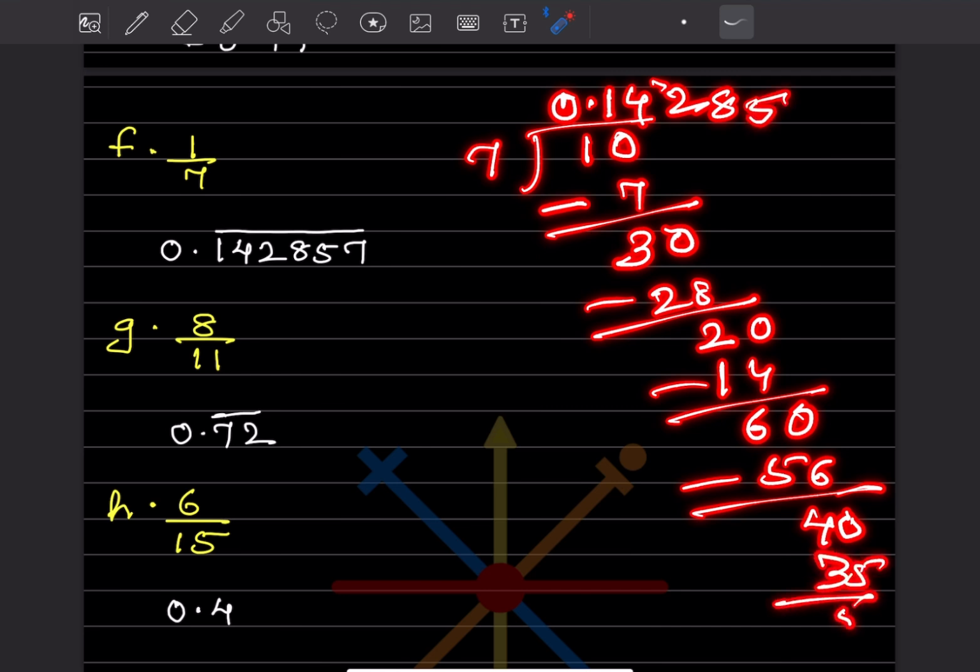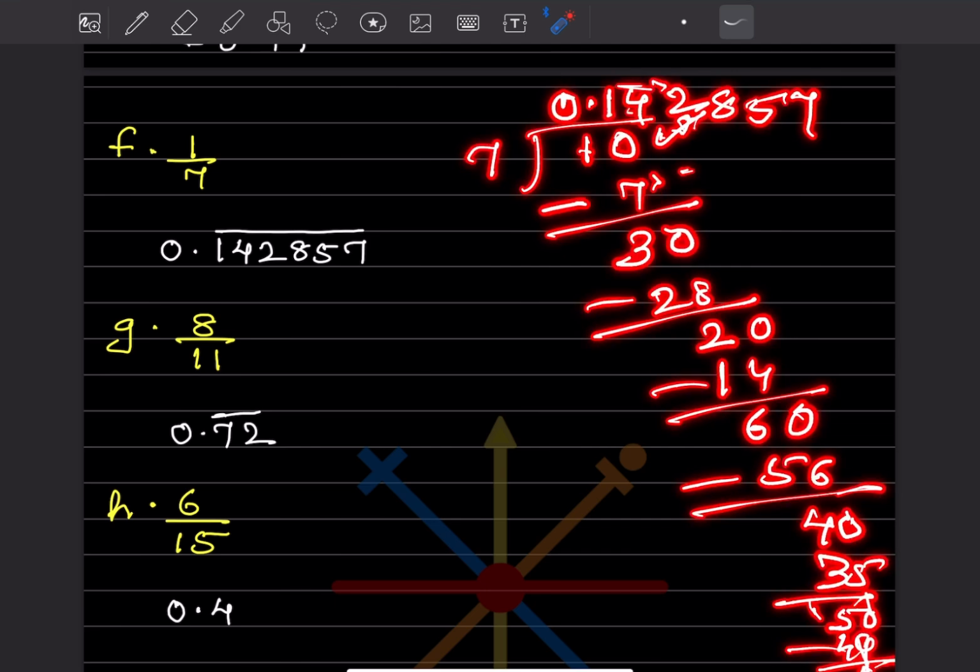Again this is 5. 7 sevens are 49. And here the remainder is 1. You can see the remainder was 1 here also, and here too. So again the trend will go on.